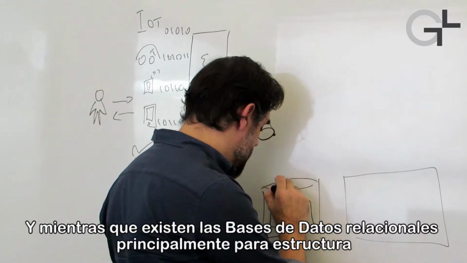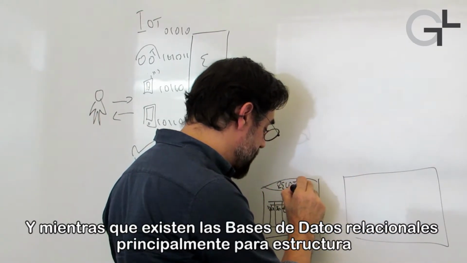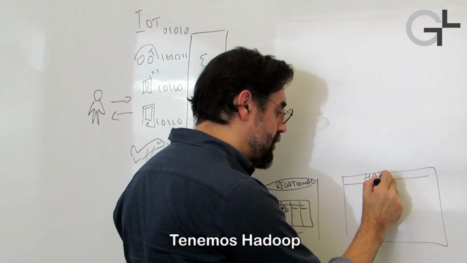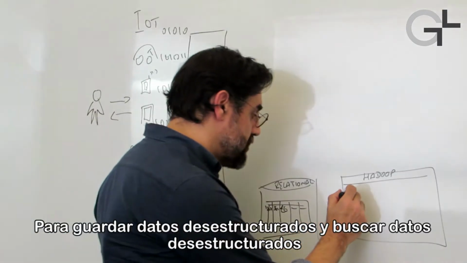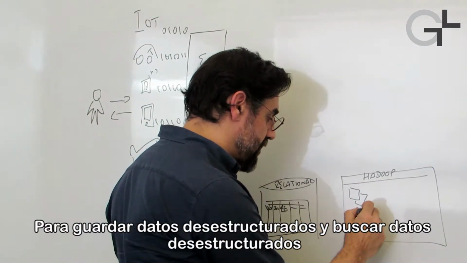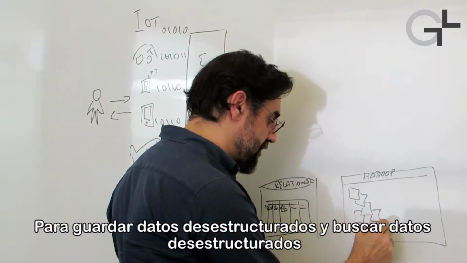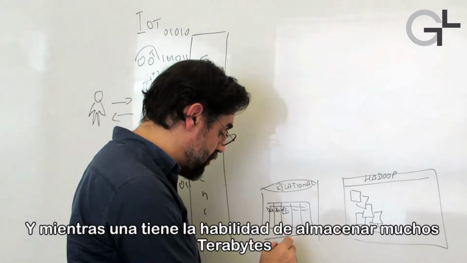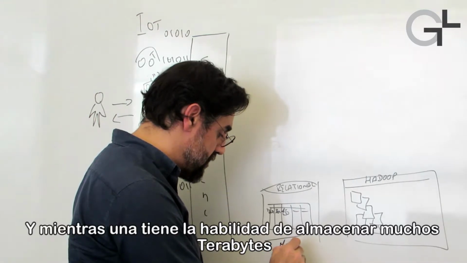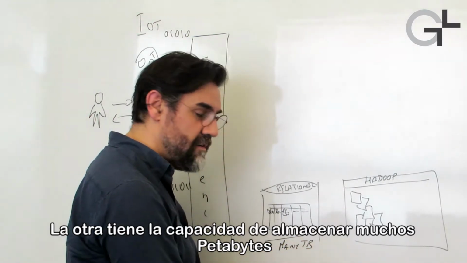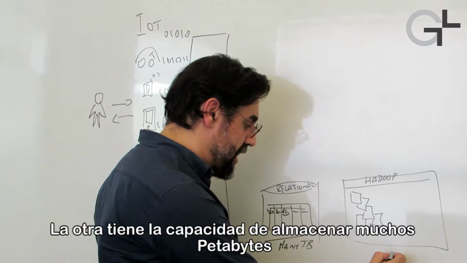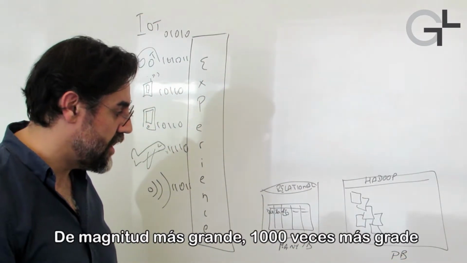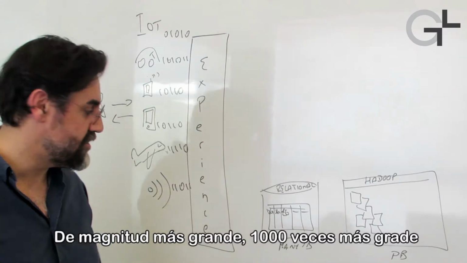And so where we have relational databases primarily for structured data, we have Hadoop for storing and searching unstructured data. Whereas one has the ability to store many terabytes, the other has the ability to store many petabytes, an order of magnitude larger, about 1,000 times larger.